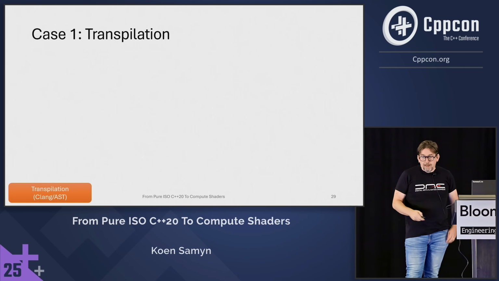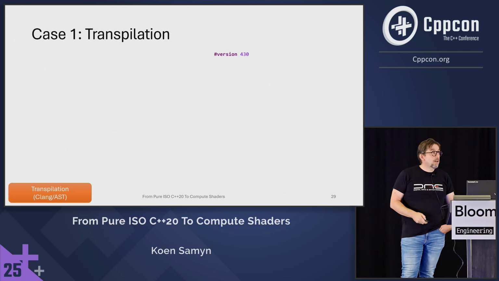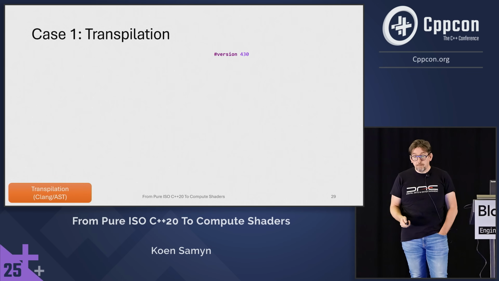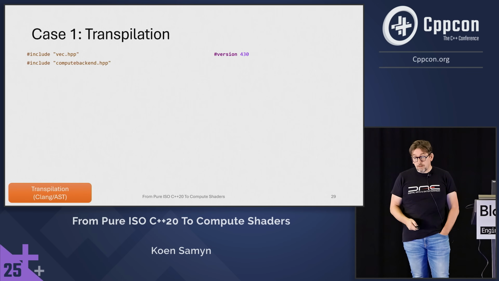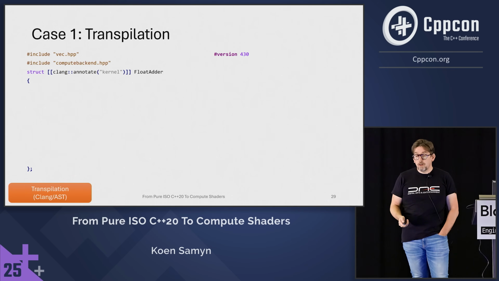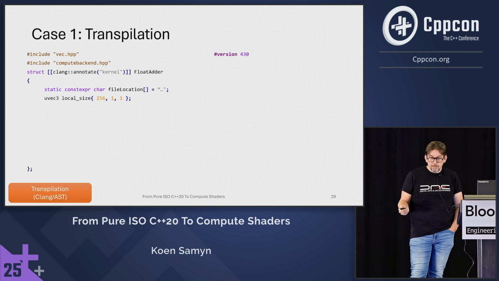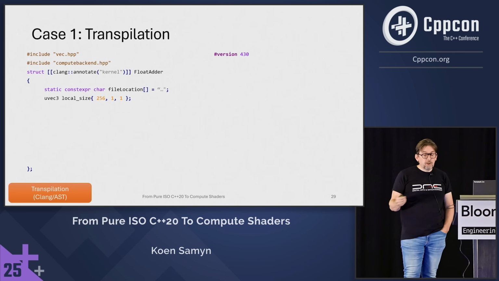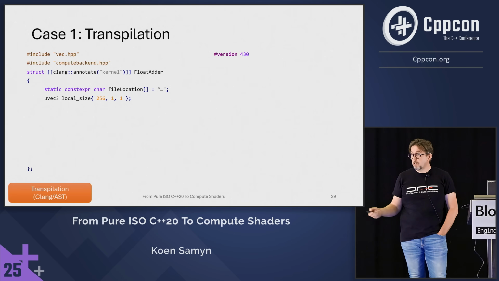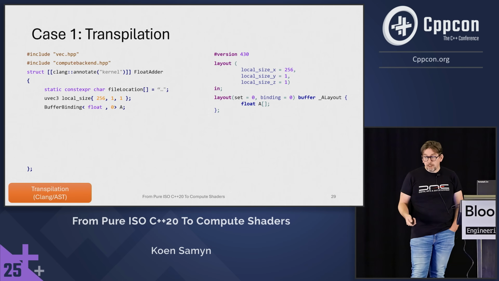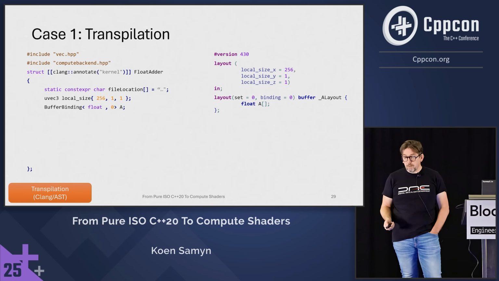Good. Then the transpilation. When I transpile, I output the version 430. I skip includes. I also skip the struct. I also skip the file location. Lots of skipping. I rewrite the local size into the correct layout for a compute shader. I rewrite the buffer binding into correct buffer layout statement.